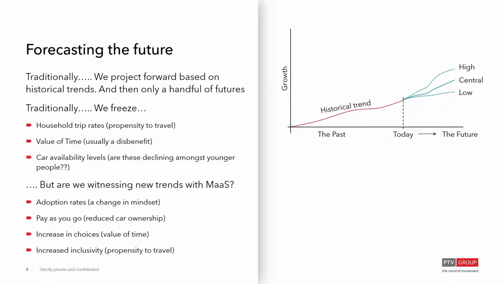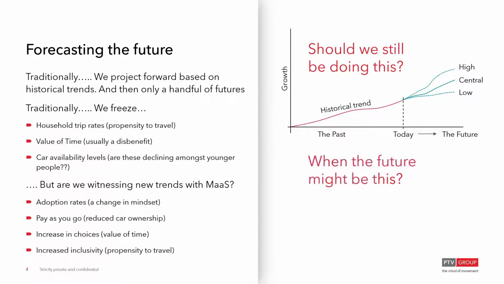It's quite fun to ride an electric scooter around the town. And then, of course, increased inclusivity. So this is opening up choices to travel for people who don't own a car or don't have access to public transport. So I think to try and model new mobility in the future, we're doing it wrong.